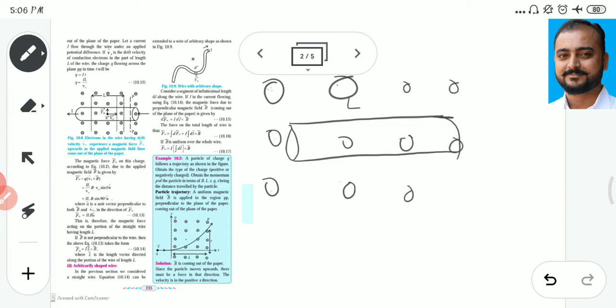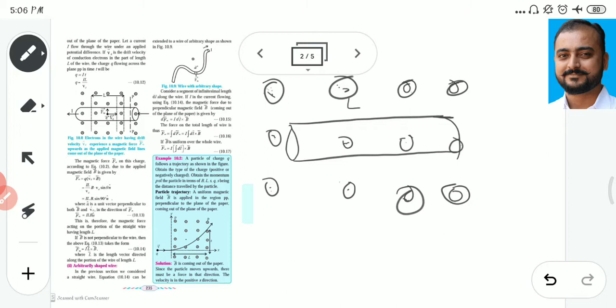This indicates that the wire is kept perpendicular to the plane of the paper, and here the dots are to be considered. It means the magnetic field is perpendicular to the plane of the paper, moving towards us, coming out from the paper.